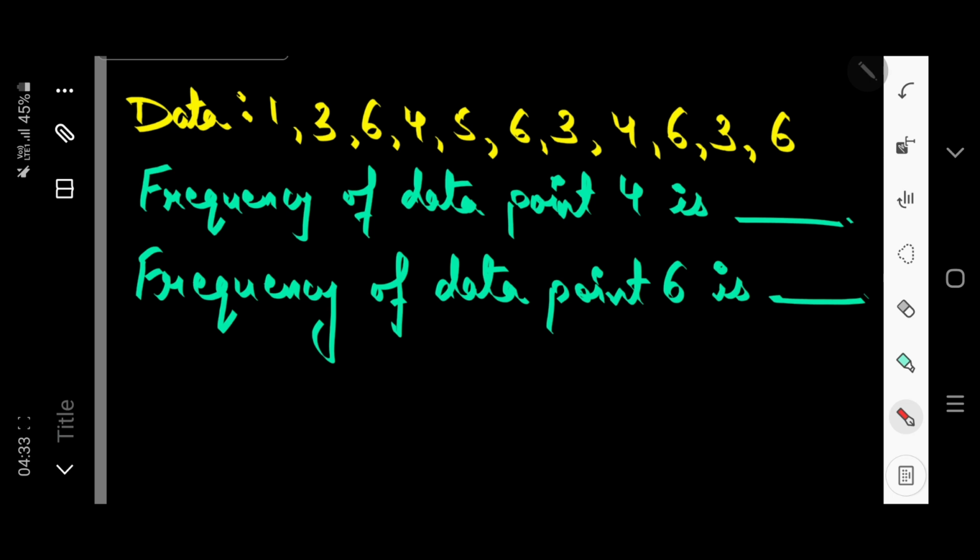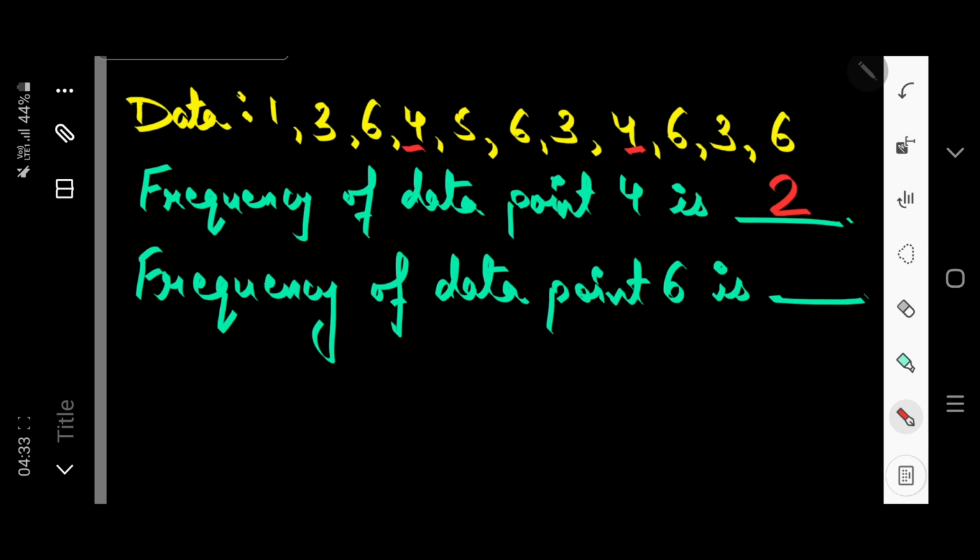So we have to count how many times the data point 4 is occurring in this data set. We can see that we have 2 fours in this data set. So the frequency of data point 4 is 2.